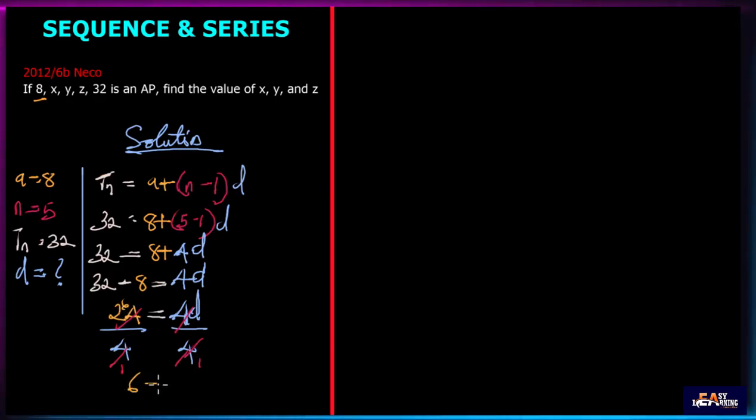So 6 equals D, which is the same thing as D equals 6. So we have our D as 6.